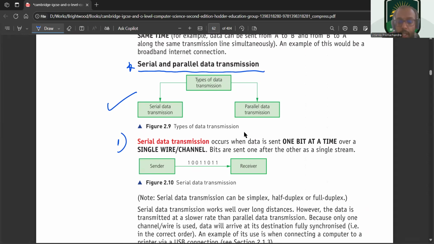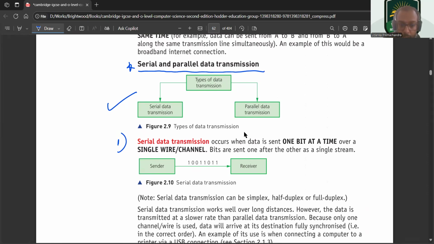The bits are sent one after the other, in a single stream.